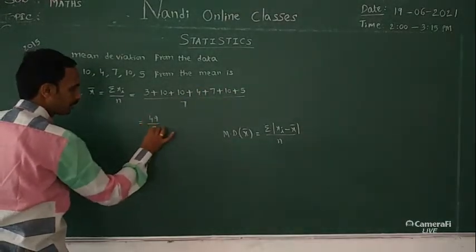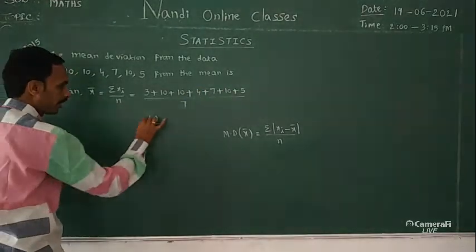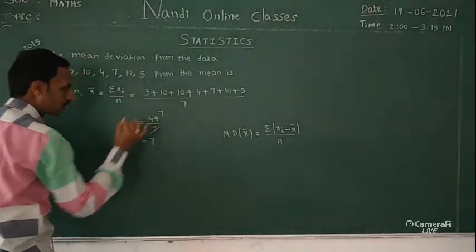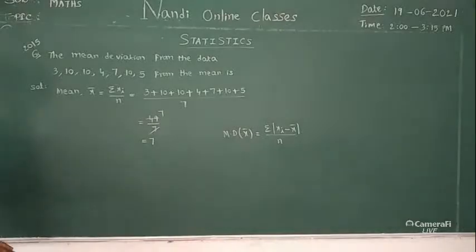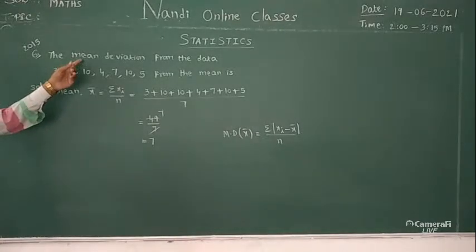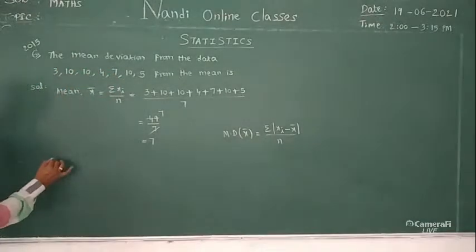So, 49 divided by 7, 7 sevens are 49, is equal to 7. So the mean of the given observations is 7. But we are asked to find the mean deviation from the mean.